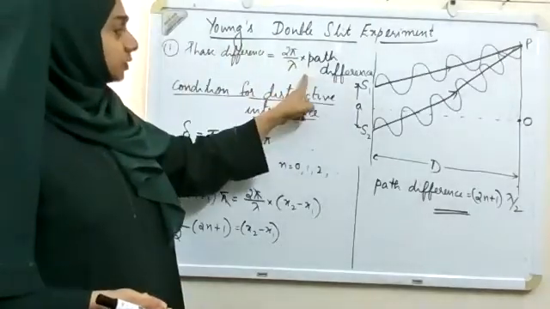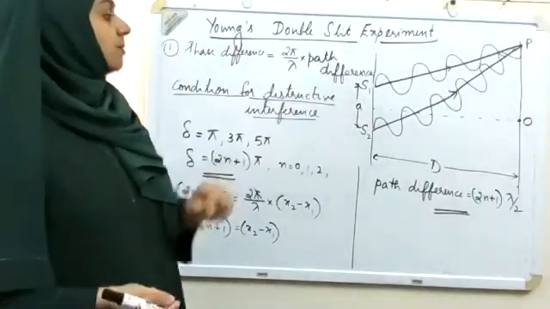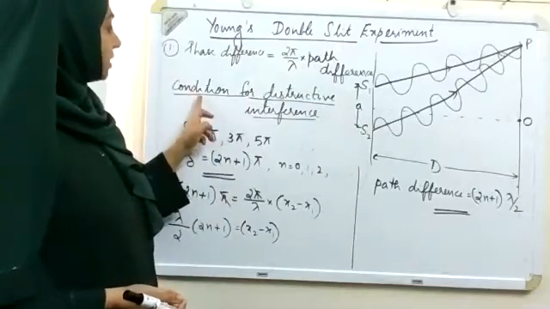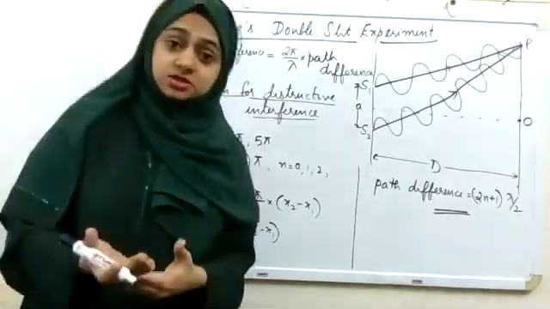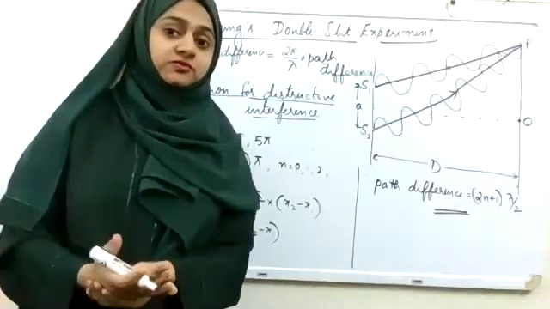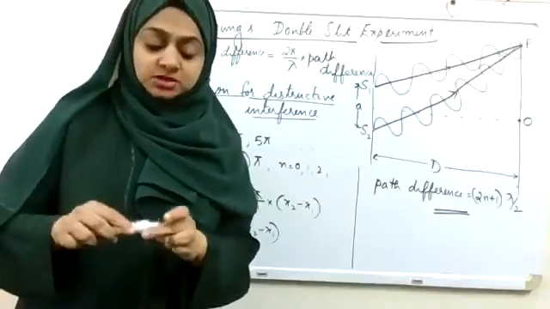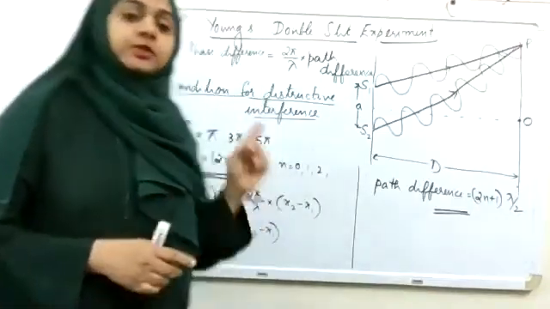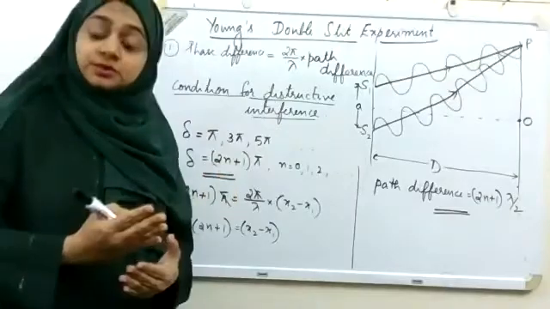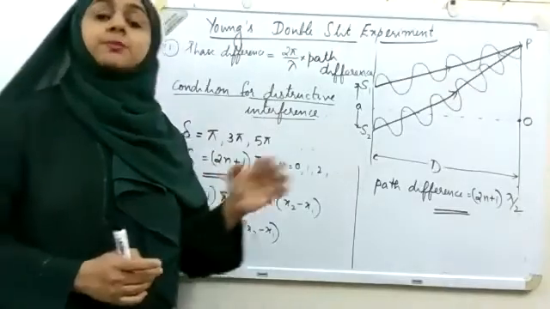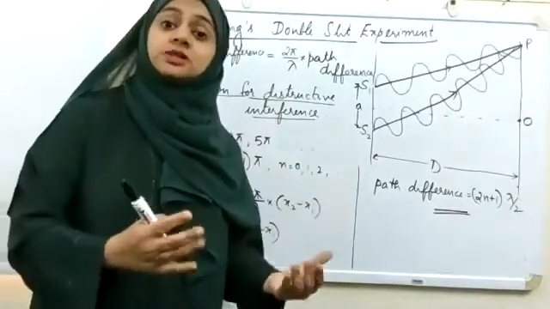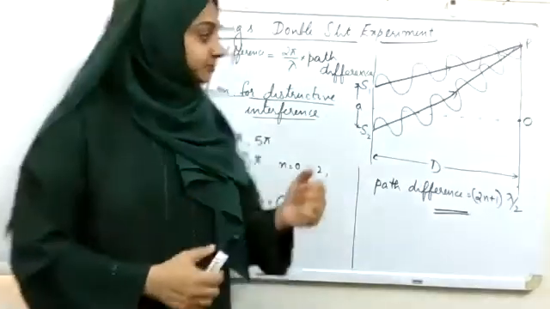So we have learned today a relation between phase difference and path difference: phase difference is equal to 2 pi by lambda into path difference. We have also learned the conditions for constructive and destructive interference. For constructive interference, the phase difference should be an even multiple of pi and the path difference should be an even multiple of lambda by 2.